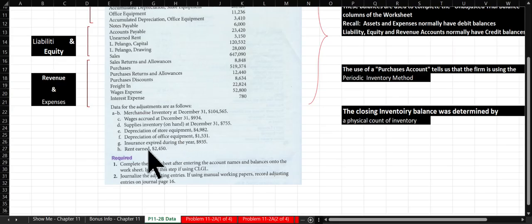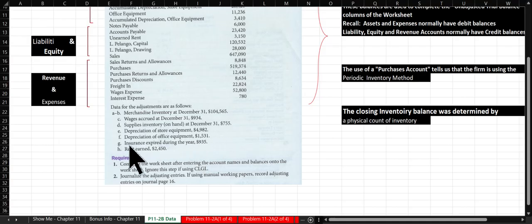The other item that we have to account for is insurance that expired during the year. Notice the wording on this one. This is the amount that was expired compared with the supplies that they told us the amount that did not expire. So we have to record based on the information we have.